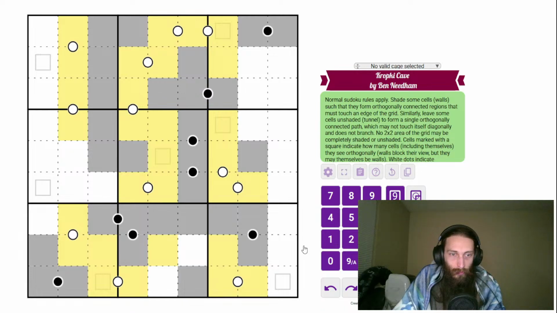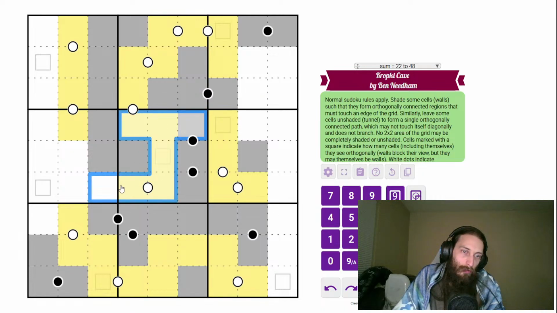But if we look at what comes down from box 1 and what goes up from box 7, they can't connect to both of those and through to box 5 because then it would branch. So this has to be an end over here.